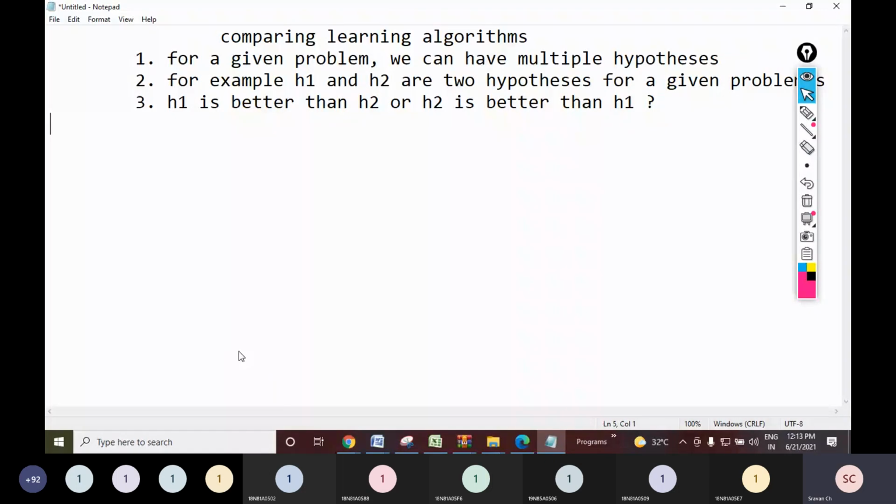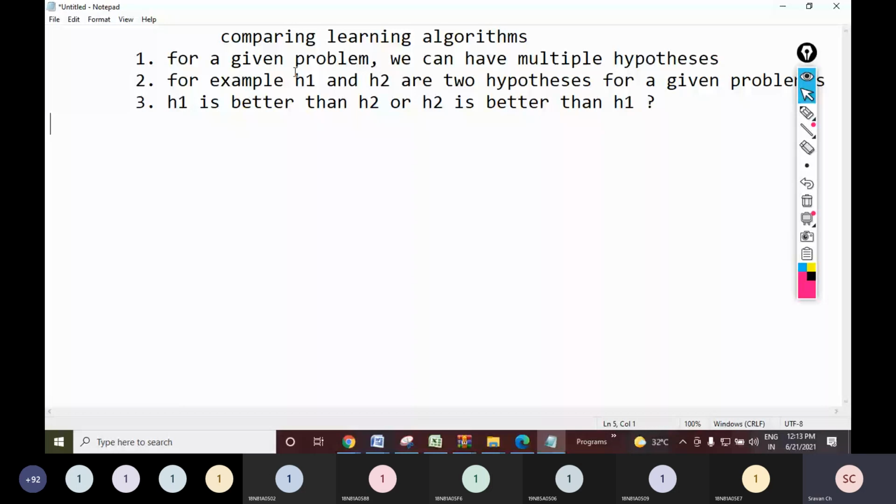Based on the previous discussion, can you tell how we compare learning algorithms? Because now you know how to evaluate a hypothesis. Learning algorithms are nothing but my hypothesis. H1, H2 is my final output, right?